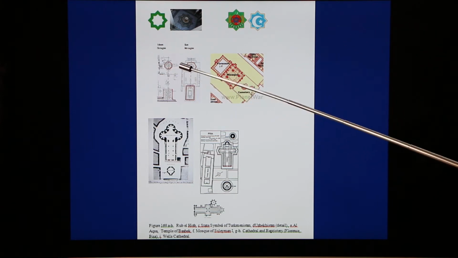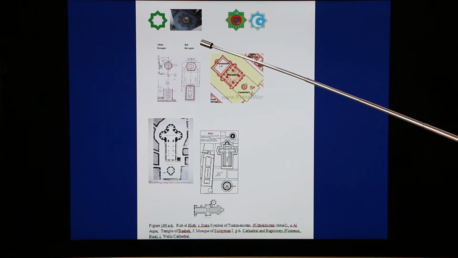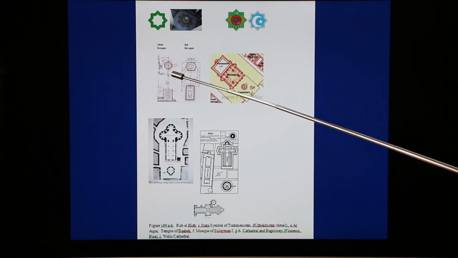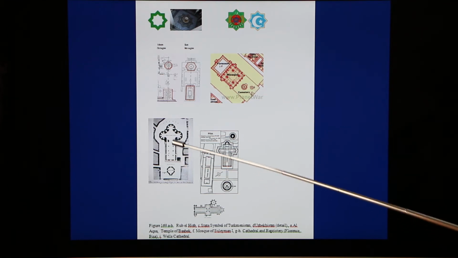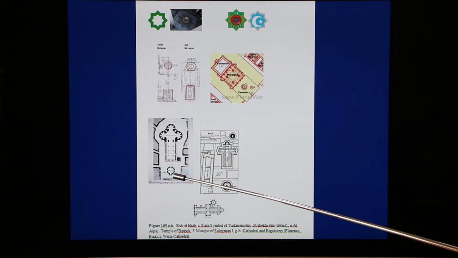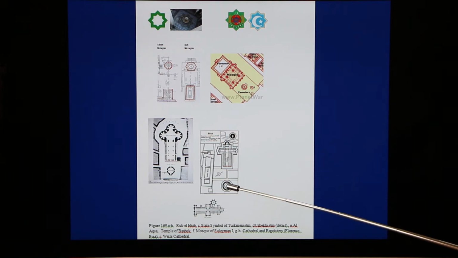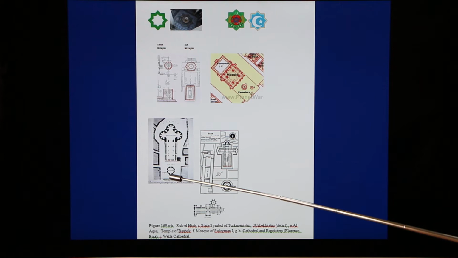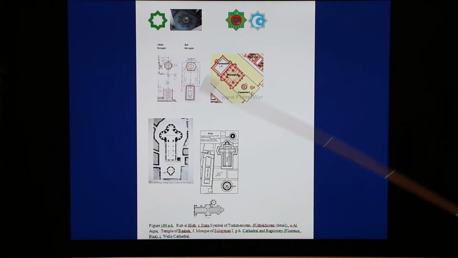Then you have a hexagon that represents the sun, and an octagon that represents the moon. So you have a mosque with a cemetery, moon and sun, and that becomes then a church and a circle. A church and a circle in Pisa, and a church and an octagon in Florence.